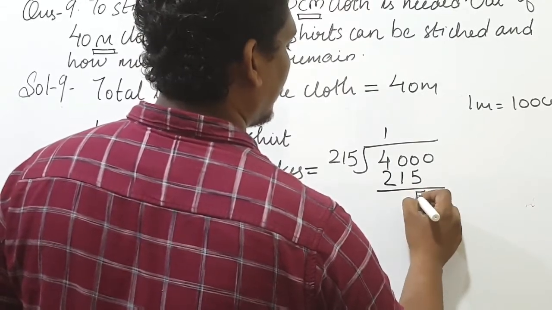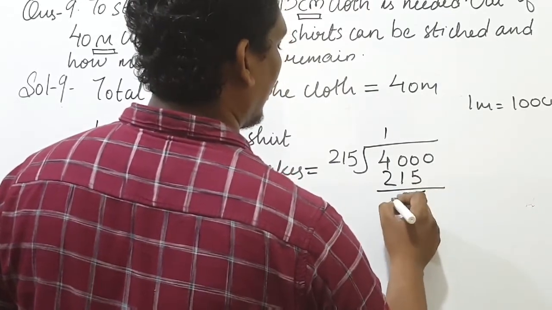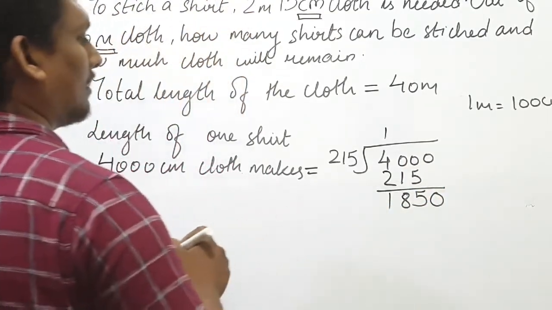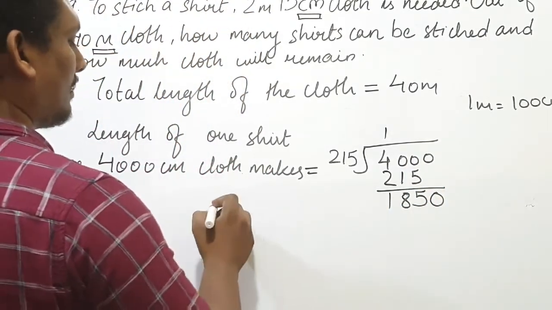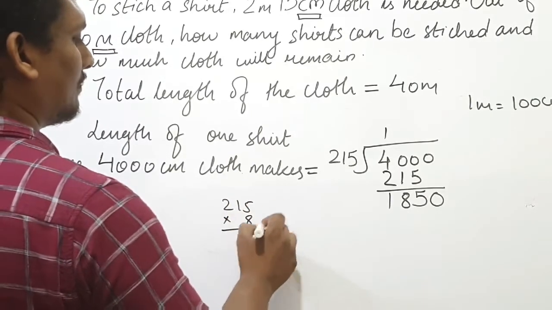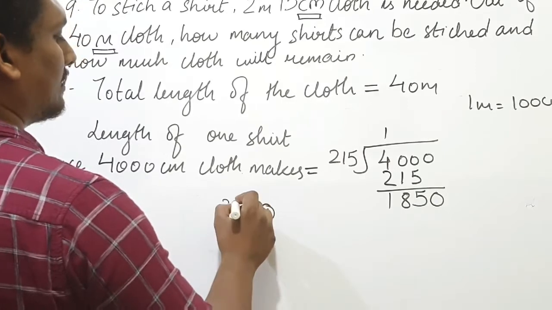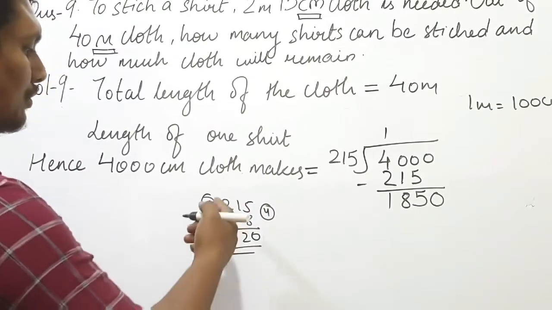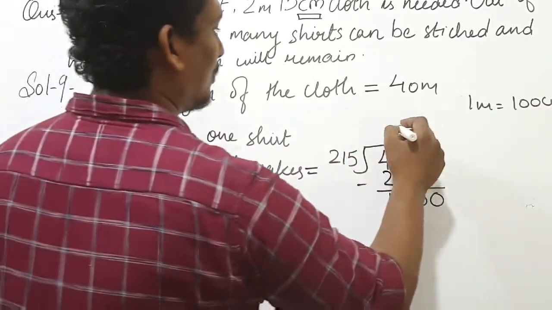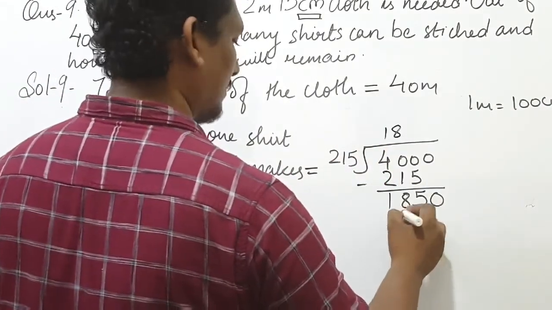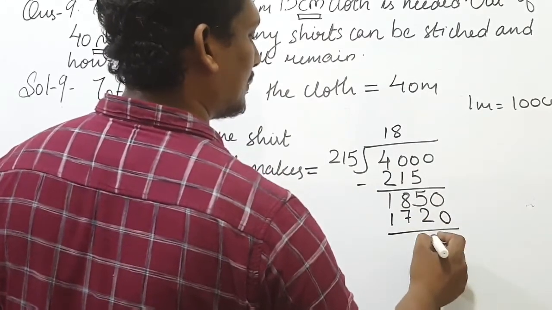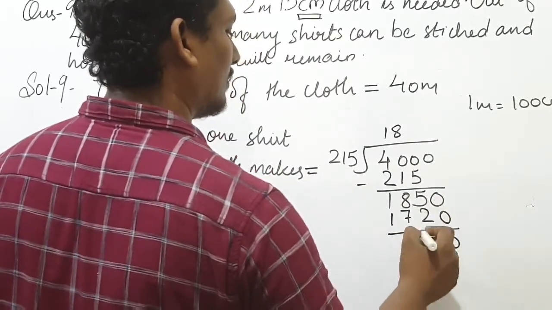So the answer is 5, 8 and 1. Put down this 0, then calculate 215 into 8. 8 5s are 40, 8 1s are 8 plus 4. Okay, so 215 into 8 we get 1720. So we can go for it. So 1720. So 0, 5 is 3.